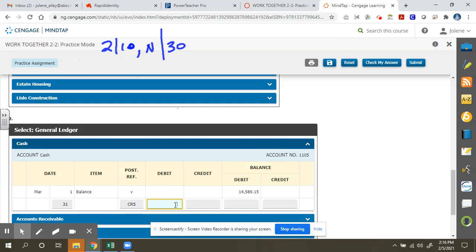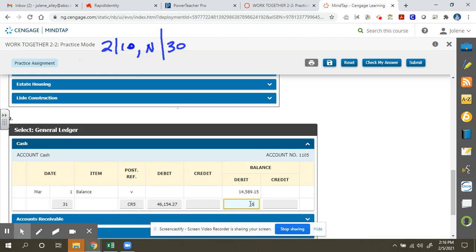Cash is an asset. Assets increase on the debit side. They had a lot of money come in because so many of their accounts receivable were paid off during this month. And that really helps them out to be able to pay their employees and pay their rent and everything else they have.